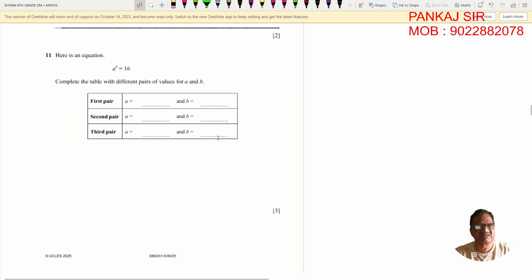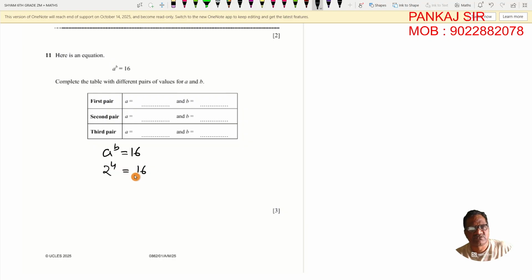Next question is, here is an equation, a raised to b is equal to 16. Complete the table with different pairs of values for a and b. So a raised to b equals 16 in general. Now you can take a as 2, and 2 raised to 4 is 16.